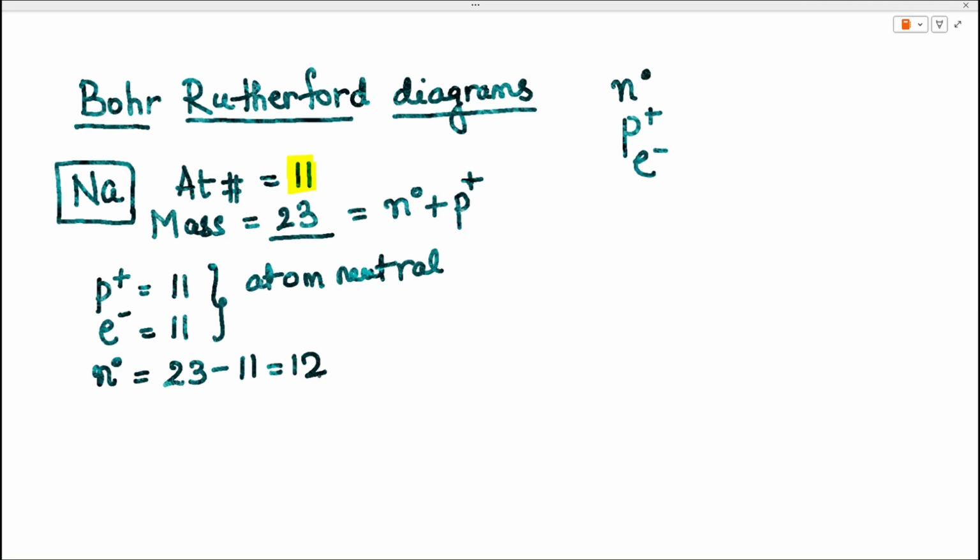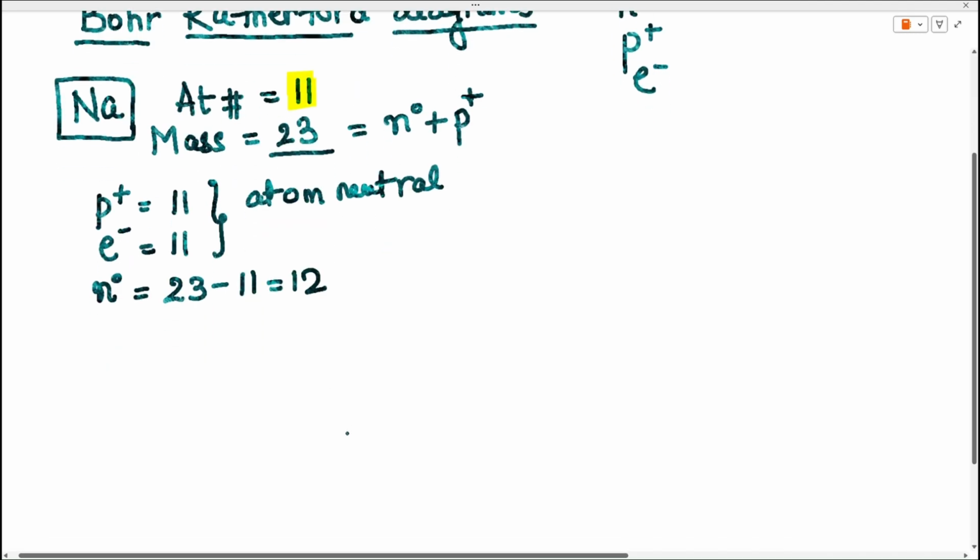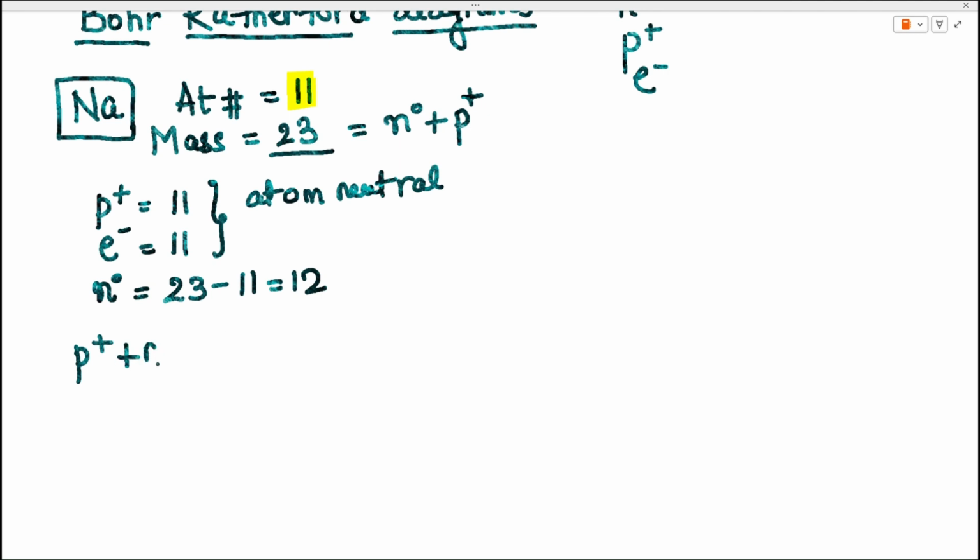Now, there are two rules which we have to follow whenever we want to draw the Bohr-Rutherford diagram. We know that the protons and the neutrons are found in an atom inside the nucleus, and the presence of the protons is what makes the nucleus positively charged.